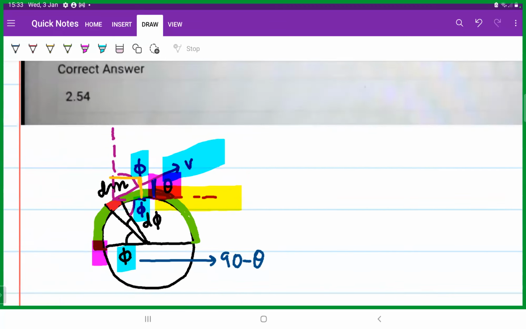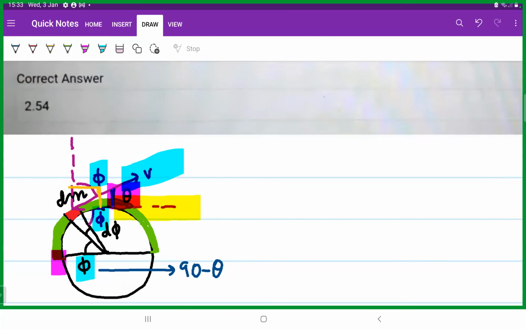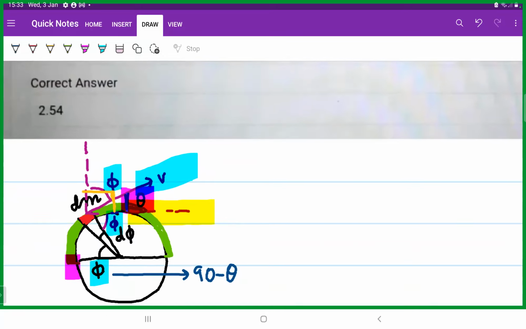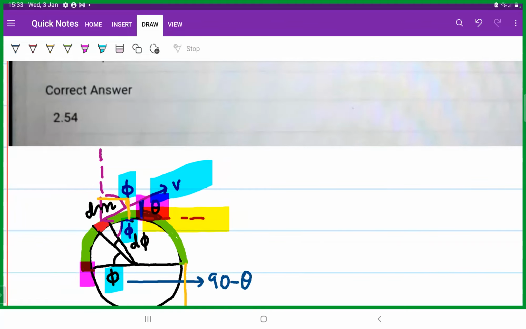Now we have to find the linear momentum in the y-axis. But if you apply some common sense, you will realize that the linear momentum in the y-axis will be 0. Why? Because say if the train is moving in this direction, then the linear momentum at this point will be in the downward direction as I showed, and at this point it will be in the upward direction.